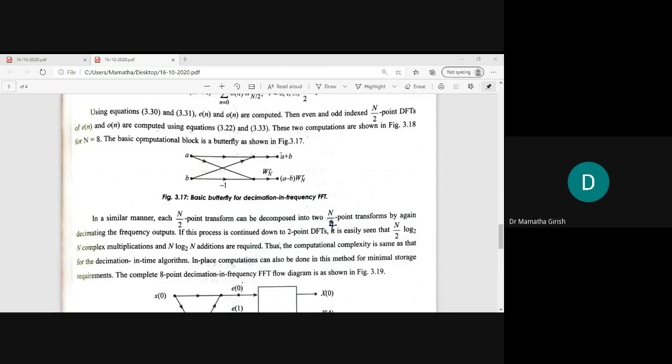Accordingly, in the upper row, the output is the signal A plus the signal B as it is. But whereas in the latter row, the value of the output is A minus B, multiplied by the Twiddle factor. But please note that this particular Twiddle factor is multiplied to the net value of A as well as B.